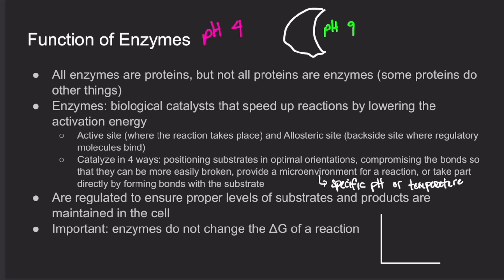Now, quick misconception is this must always be inhibition. Not necessarily. A protein can be off by default, and only with the presence of a regulatory molecule does it become active.